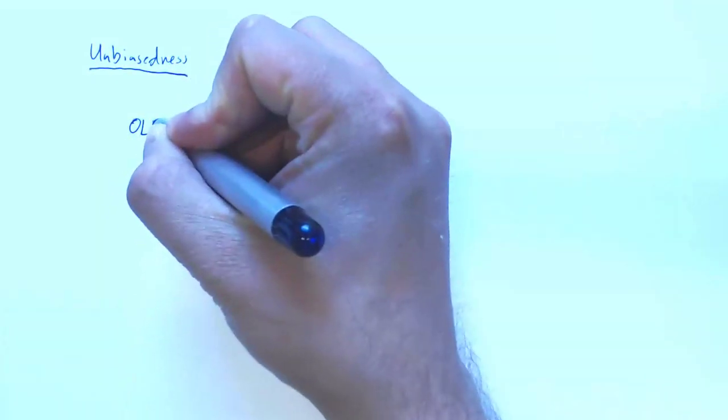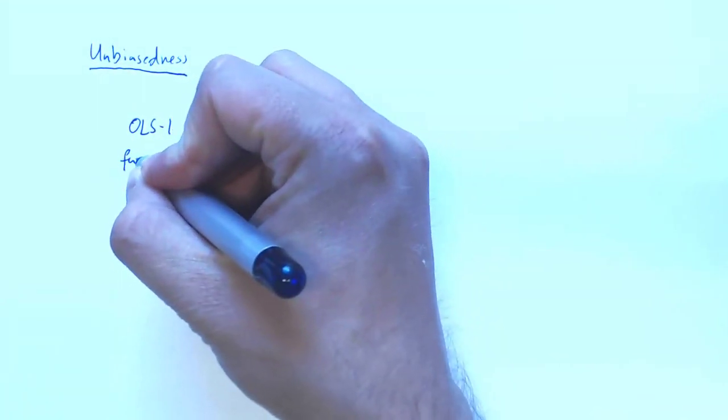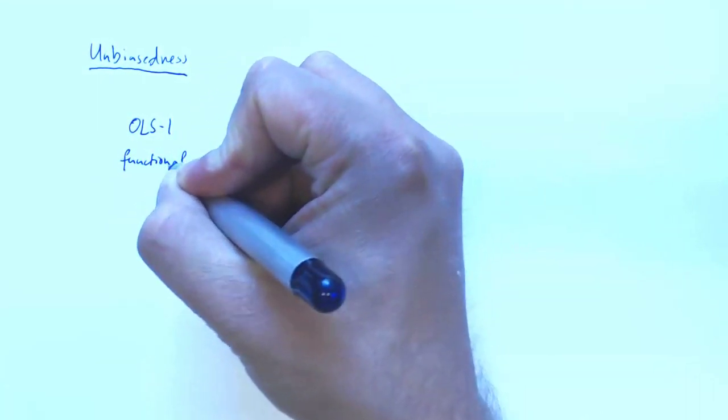So let's talk about unbiasedness. In any linear regression model that satisfies certain assumptions, we will have unbiased estimates, and I'll be very precise about what that means in a second. We need some assumptions for this to be true. In particular, we need our assumption OLS1, the functional form assumption.